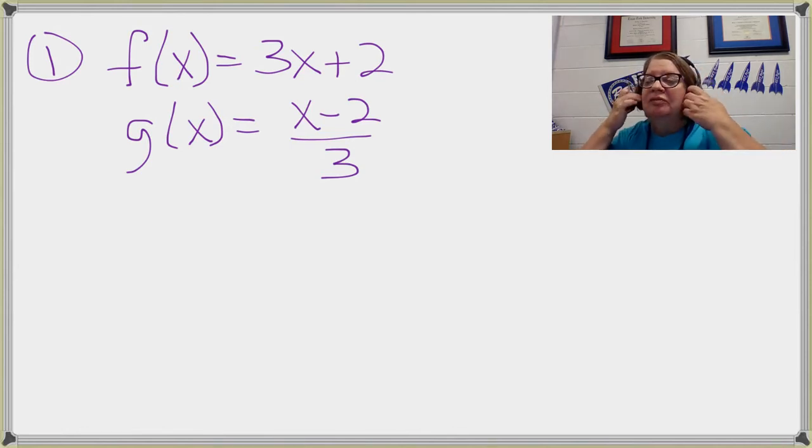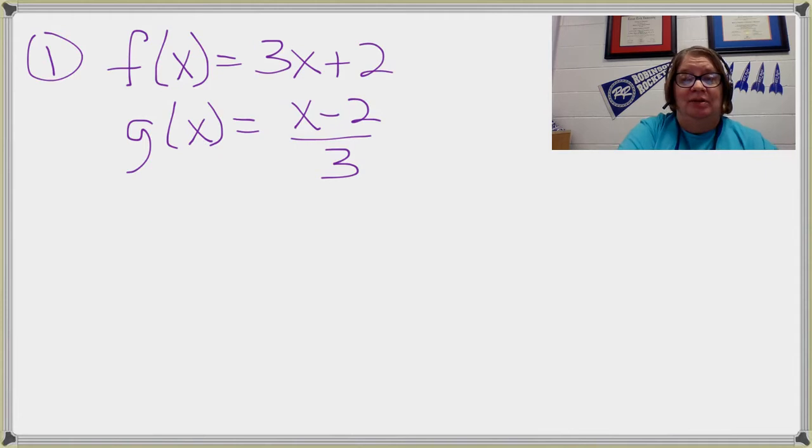We're going to compose the two functions. If we plug g into f and everything cancels except the x, and we plug f into g and everything cancels except the x, then yes, these are inverses. If on either side you have anything left except the x, then they're not inverses. So let's see how this goes.